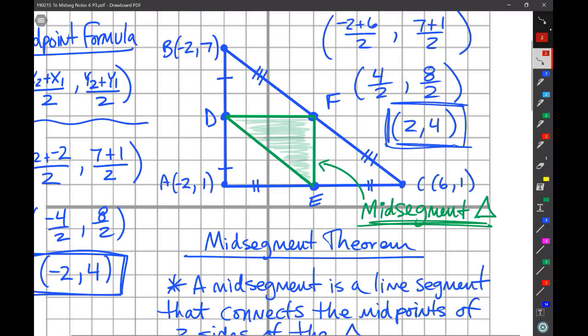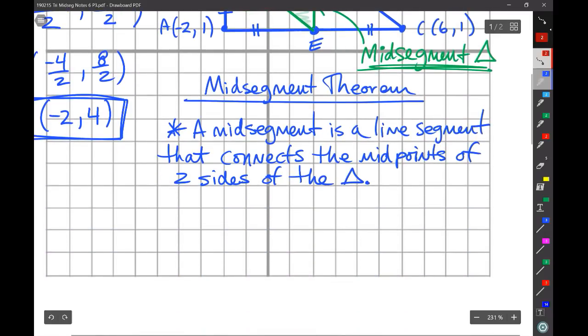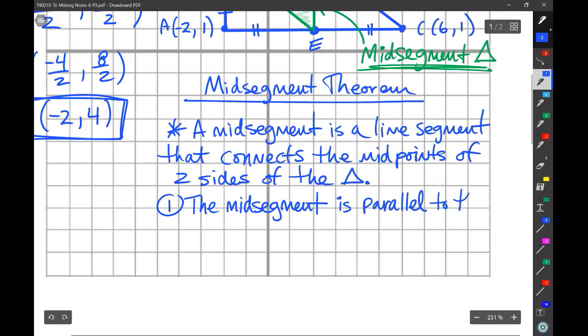Okay, so some things that you need to know about midsegments that are going to help you with these types of problems as they're related to them, okay? Number one, the first thing that you need to know, and we're going to put this down here on our notes, is that the midsegment is parallel to the third side of the triangle.